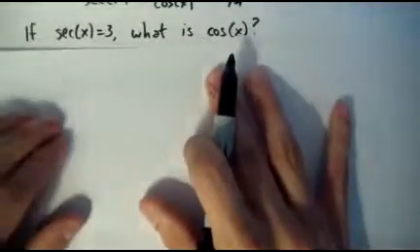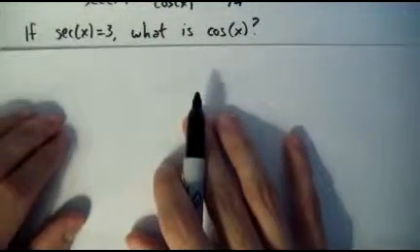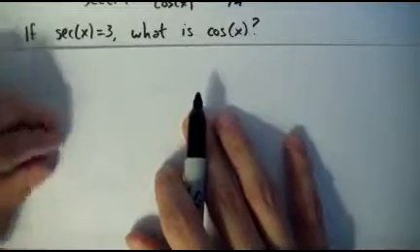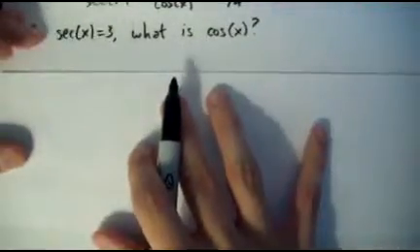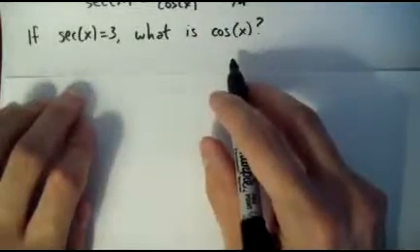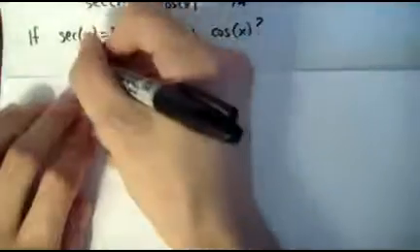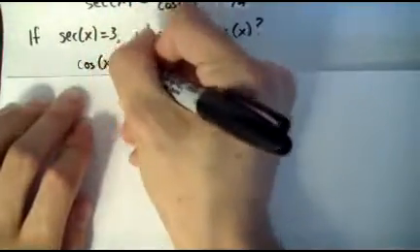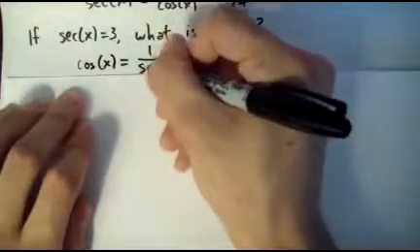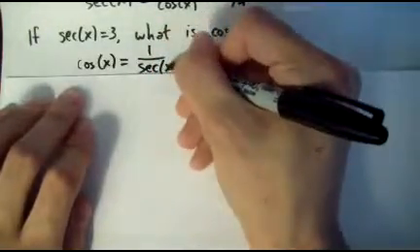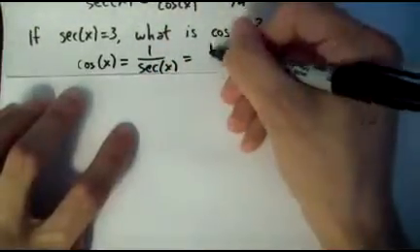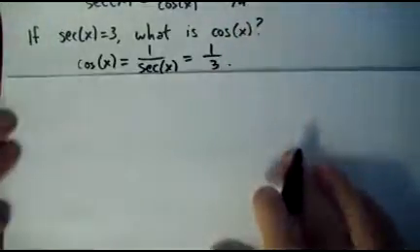Now as another example, if secant of x is equal to 3, what is cosine of x? Well, remember that these reciprocal identities go both ways, right? If secant is 1 over cosine, then cosine is 1 over secant. So cosine of x is 1 over secant of x. So it's 1 over 3.